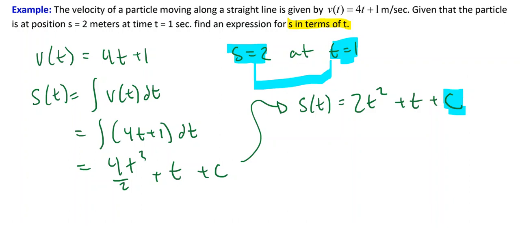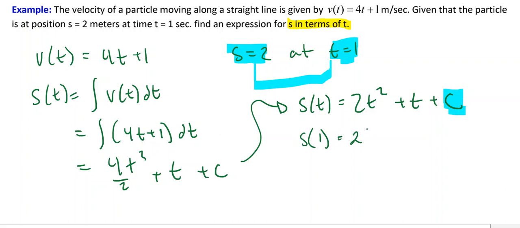So s evaluated at t equals 1 is 2 times 1 squared plus 1 plus c, and s of 1 is equal to 2.